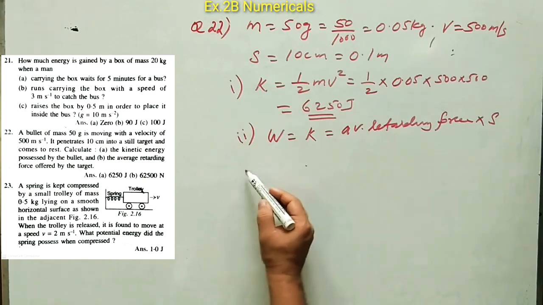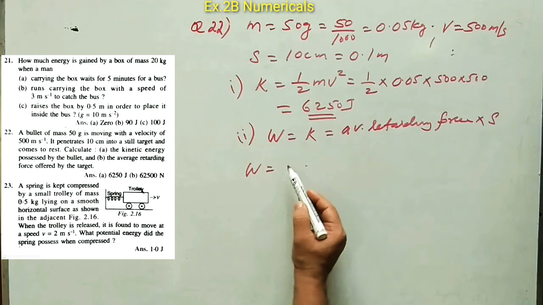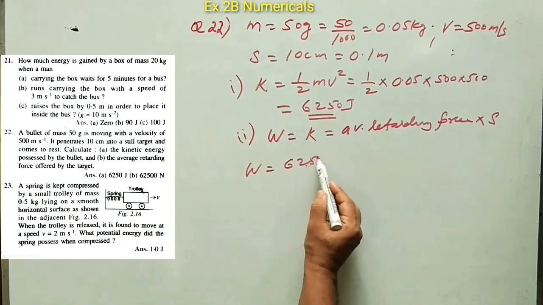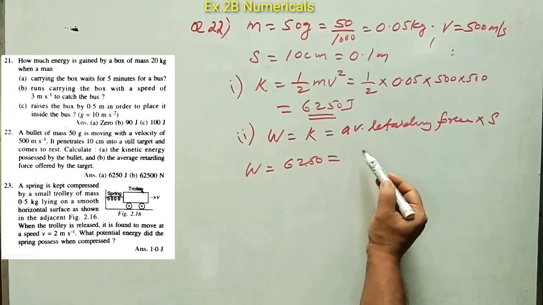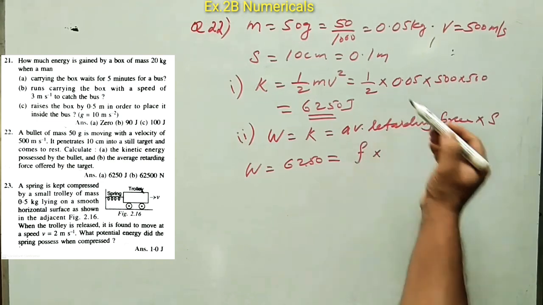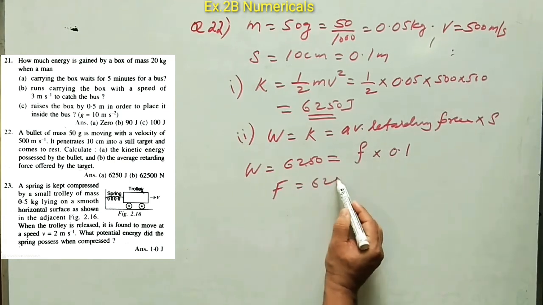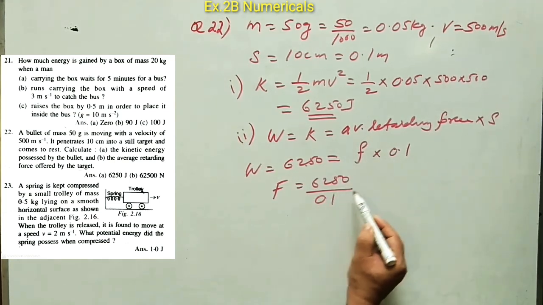So here we have to calculate the average retarding force, or the resistive force, offered by the material of the target. So I can write work done is equal to kinetic energy. Kinetic energy we have calculated, that is the energy of the bullet, 6250 is equal to average retarding force F multiplied by the distance of penetration 0.1 meter. So F is equal to 6250 divided by 0.1.